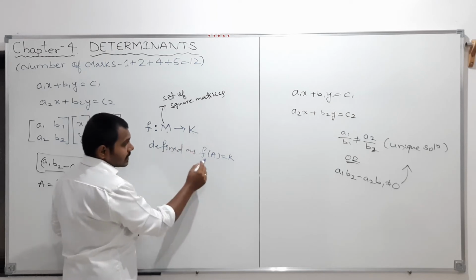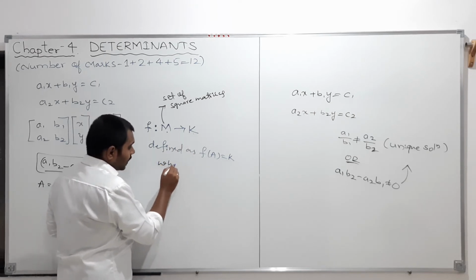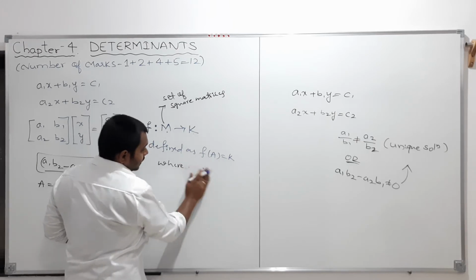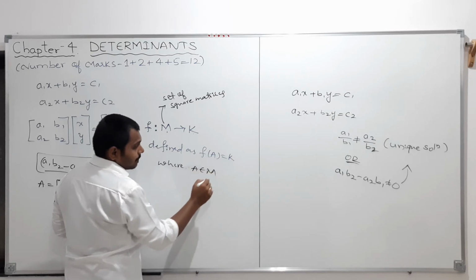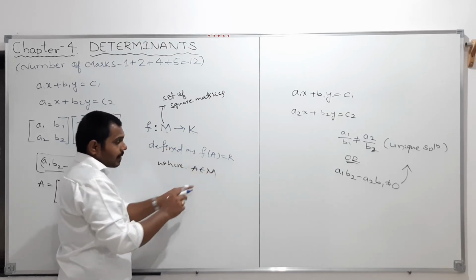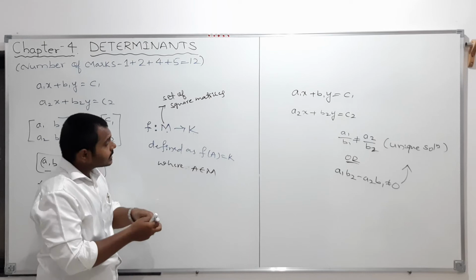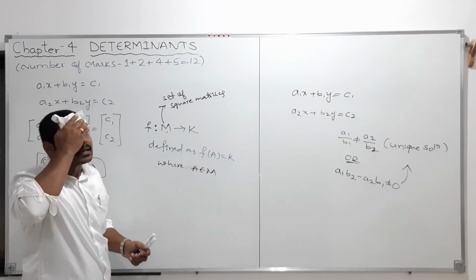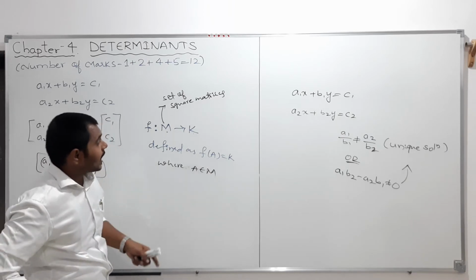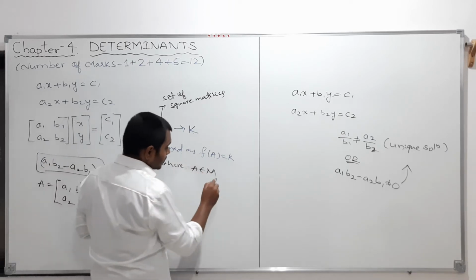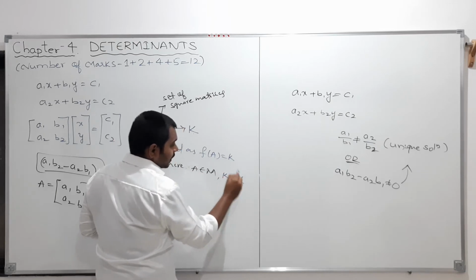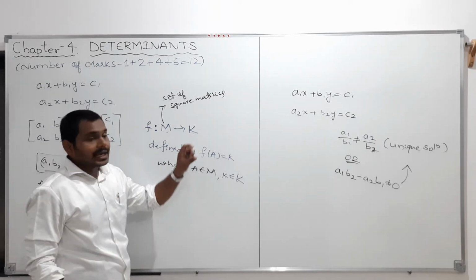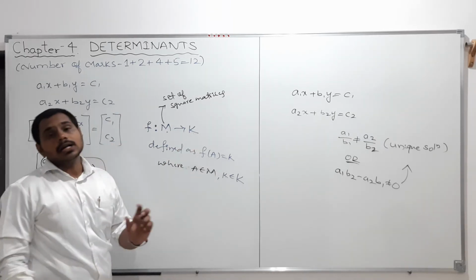It is defined as f of A is equal to k, where A belongs to M. M means the set of square matrices, and A is one particular element in that set, in the form of a matrix. Small k belongs to capital K. So k is any number, either real or complex.